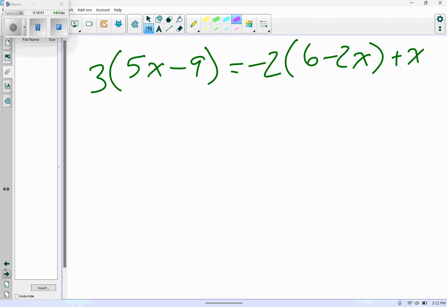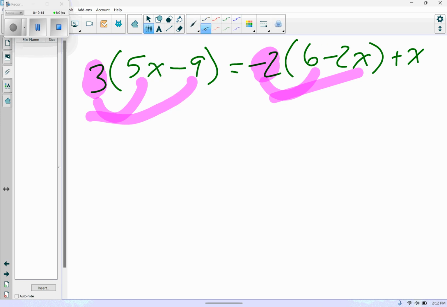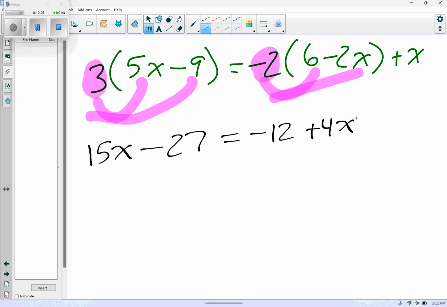All right. What should I do with this 3? Yeah. What should I do with this -2? Yeah, good. So if I multiply, I get 15x minus 27 equals -12 plus 4x plus x.